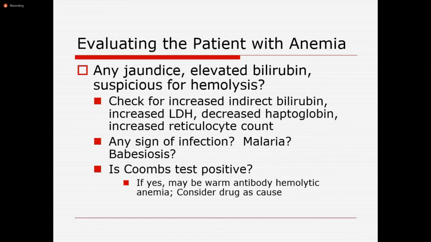Any jaundice, elevated bilirubin, suspicious for hemolysis. If indirect bilirubin is high, then this is suggestive, with increased LDH and decreased haptoglobin levels as well as reticulocytosis. Remember, in chronic hemolytic anemia, there is increased turnover initially, which leads to depletion of the B12, folate, and iron levels.